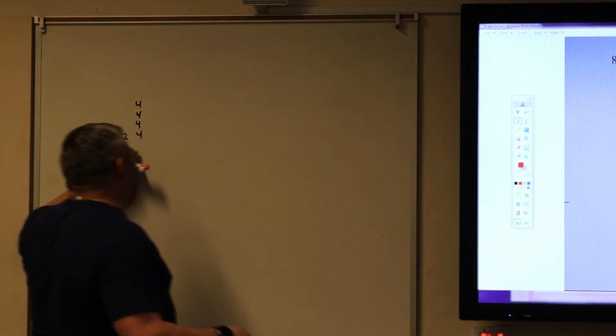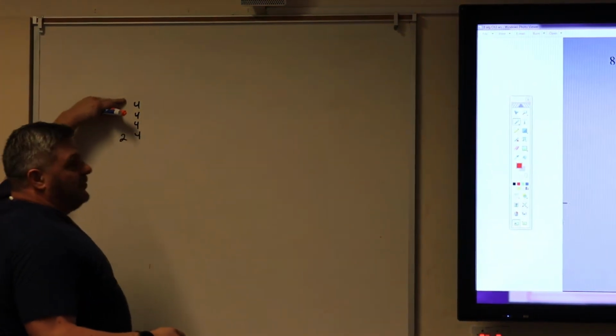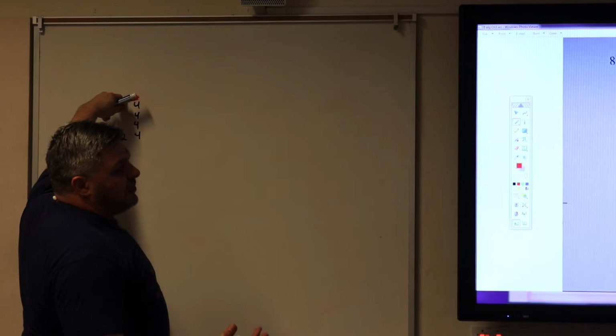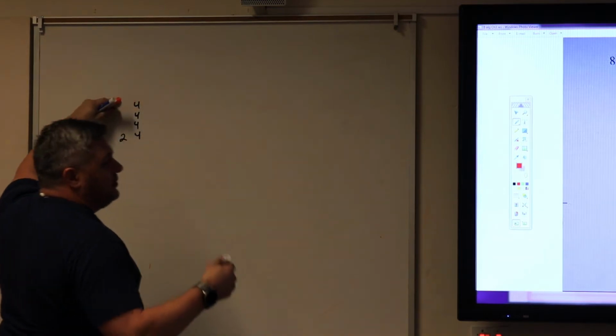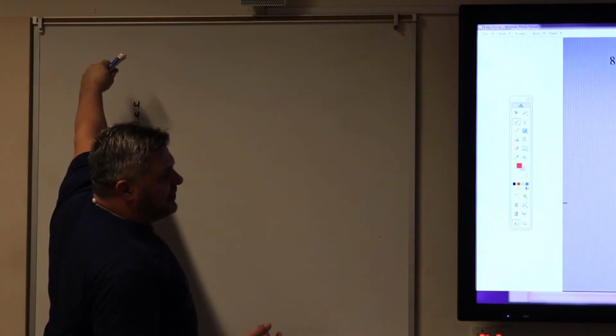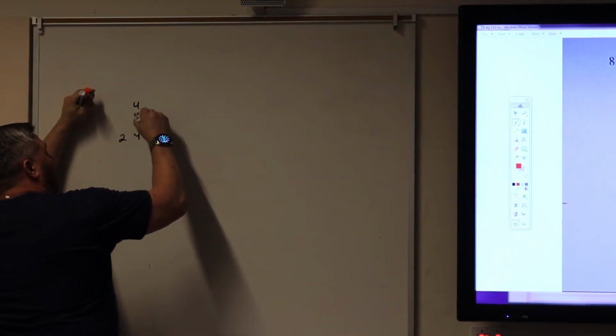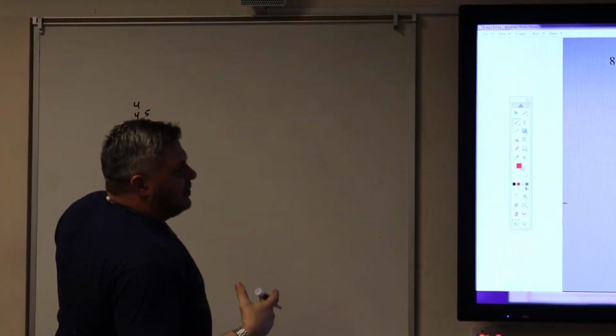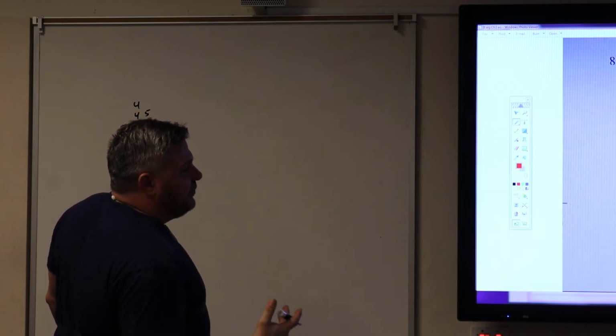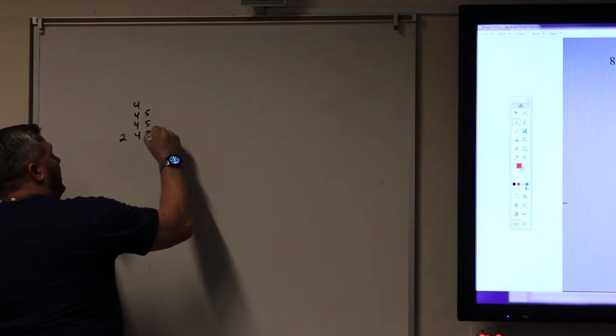So now we got the 2 and the 4 4s. And then we look at the 5s, and it has 3 5s, right? So we have a 5 and a 5 and a 5. And then we look for 6s, and we have 1 6, right?